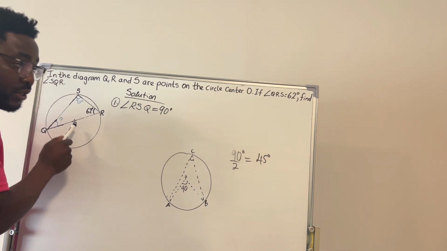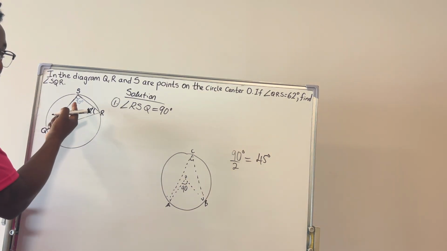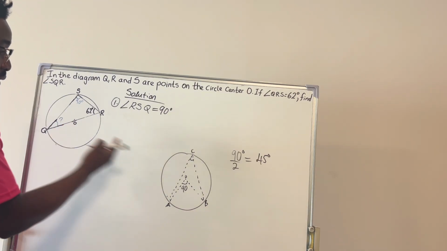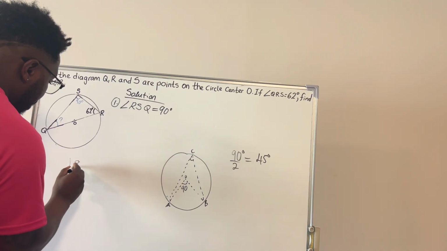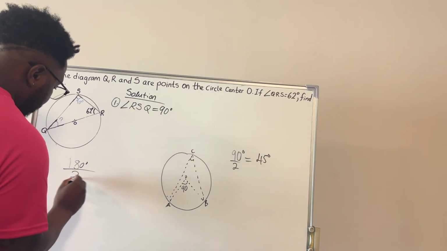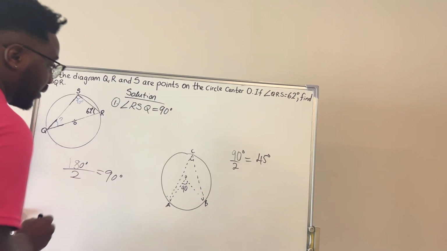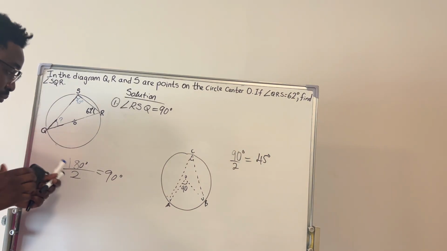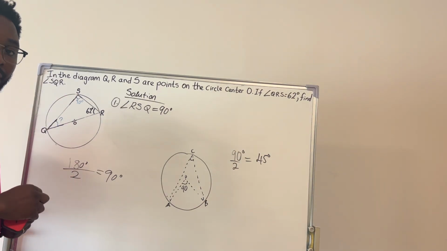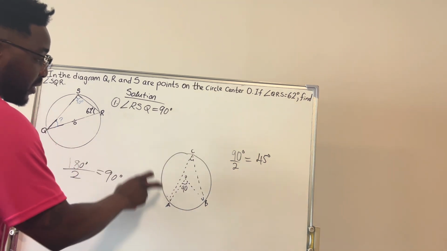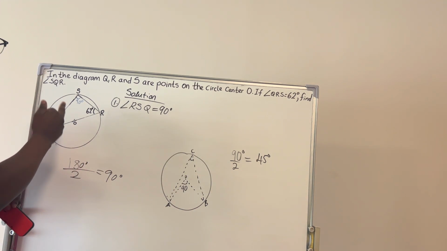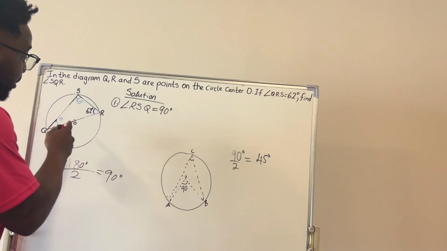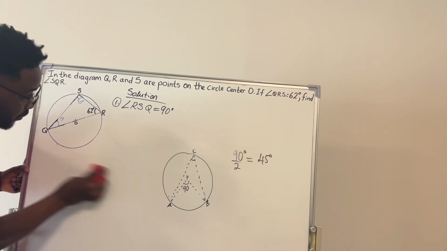For us to get our 90 degrees there, using the other theorem that I just talked about, all we have to do is divide 180 by 2. That will give us 90 degrees. So that's how that 90 degrees came up. I hope this helps you understand how the angle in a semicircle comes about. Okay, so now let's move on.